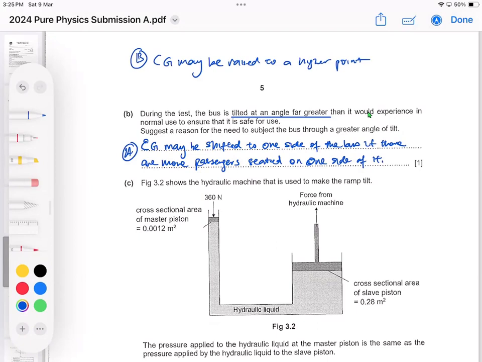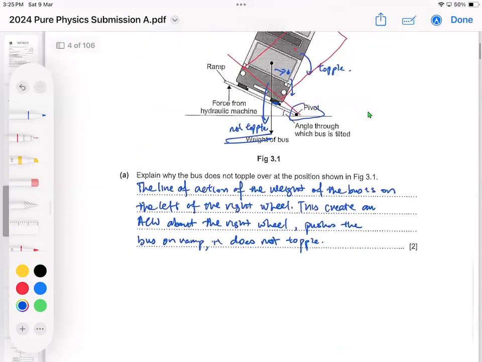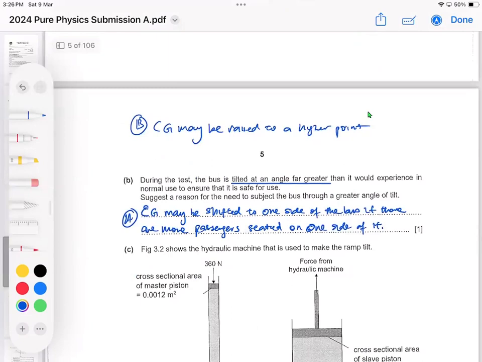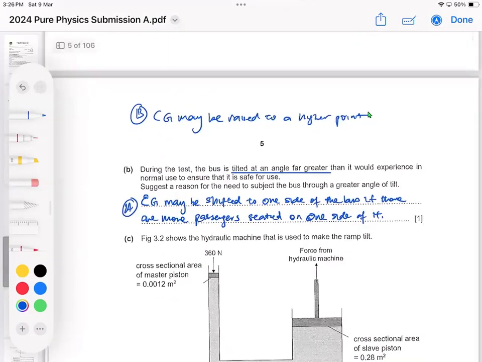Again, it's passenger sitting behavior. When the passengers are seated on top of the bus, the CG can be raised to a higher point.